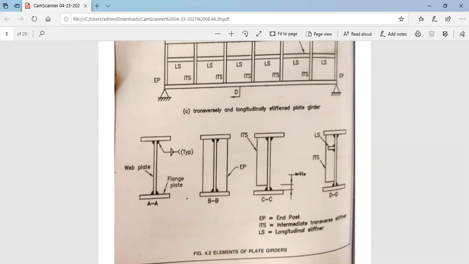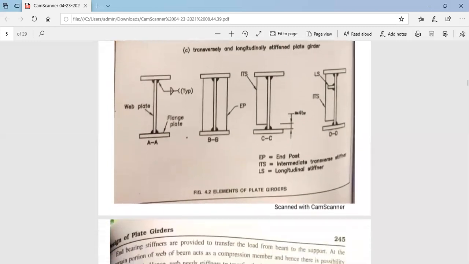At the end portion, the web of the beam acts as a compression member, and hence there is a possibility of crushing of the web. So the web needs stiffeners to transfer the load to the support. If concentrated loads are acting on a plate girder, intermediate bearing stiffeners are required.